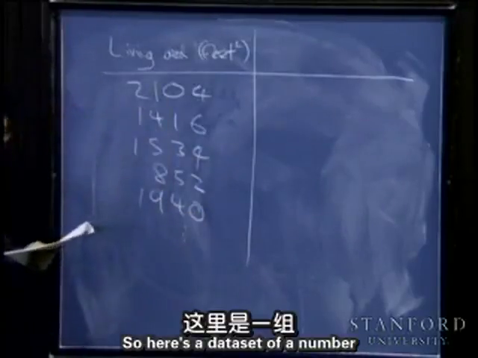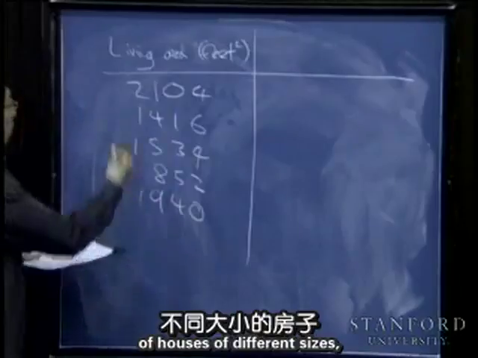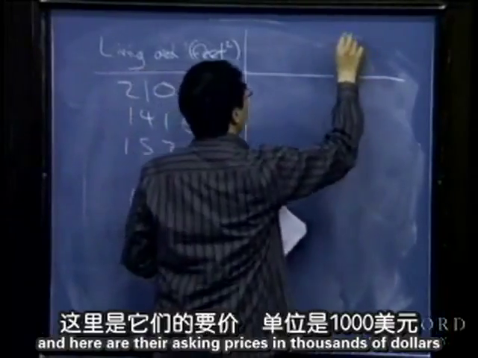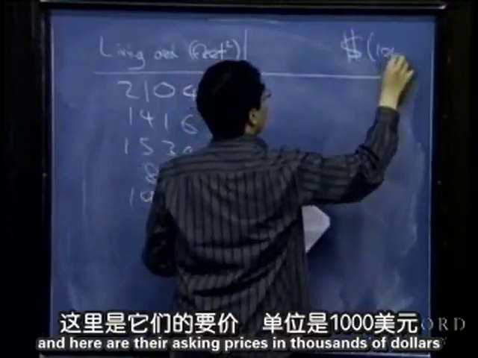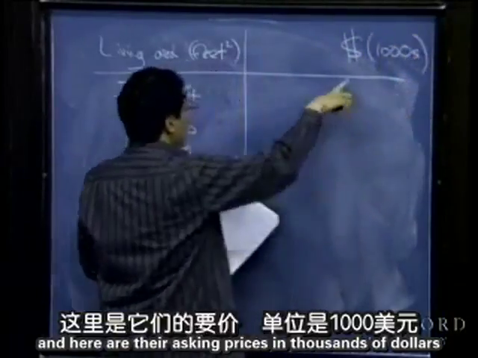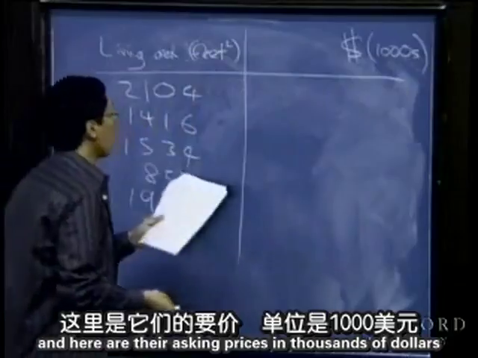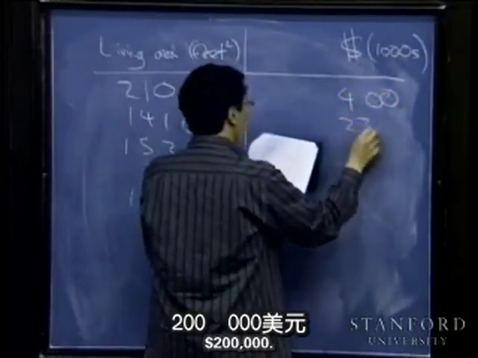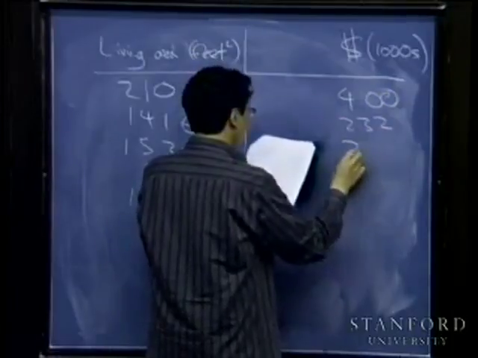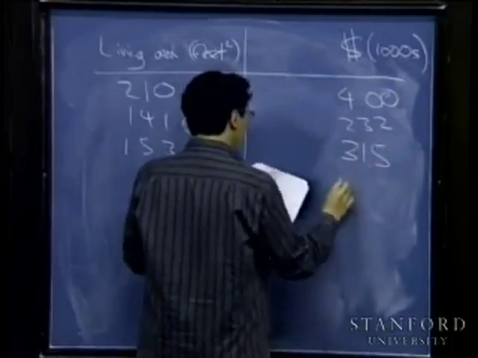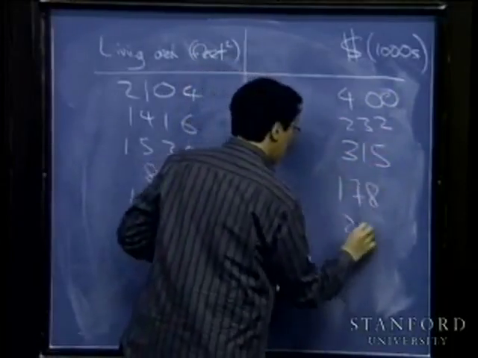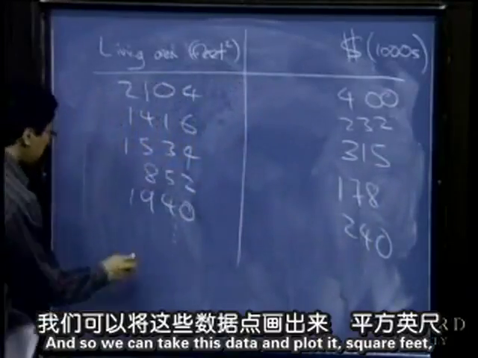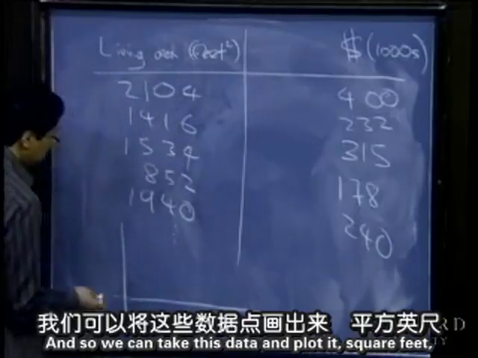Here's a data set of a number of houses of different sizes, and here are their asking prices in thousands of dollars. So it's 400, 232. And you can take this data and plot it.